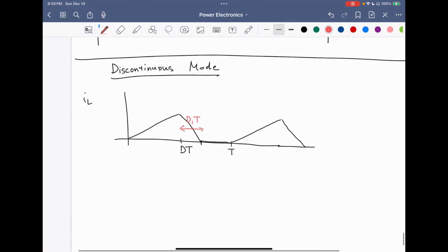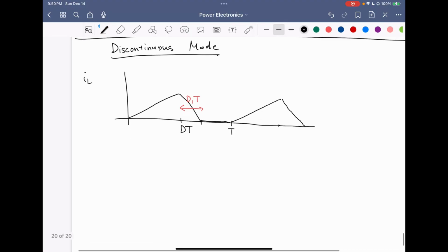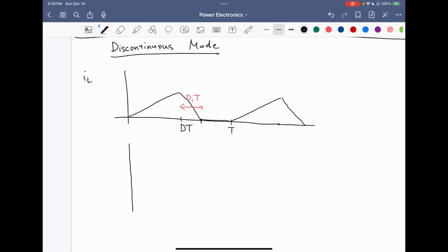And correspondingly, the voltage across the inductor will look like the following. So we have, during the dT interval, d1T and T. So during the dT interval, the inductor voltage will be Vs minus Vo.